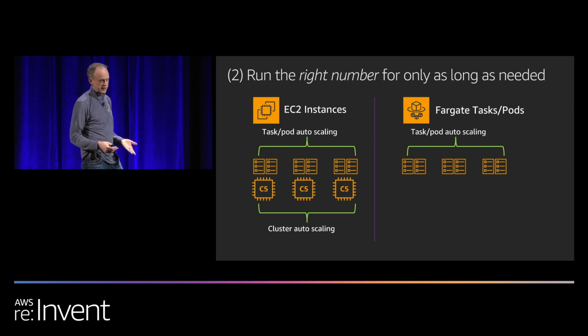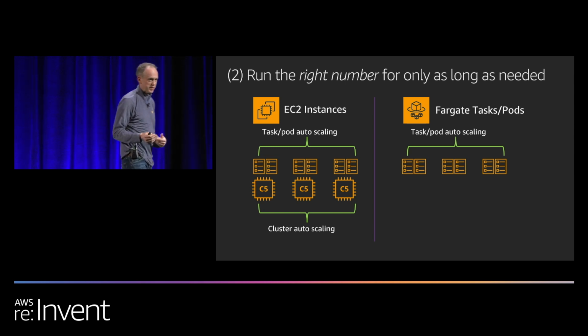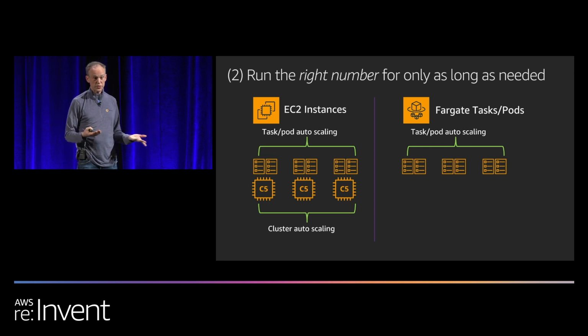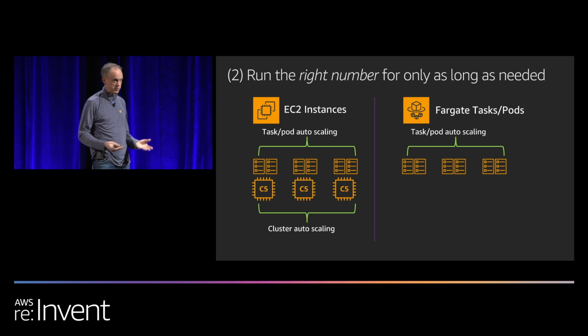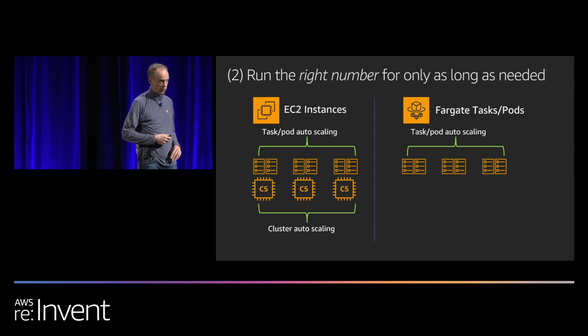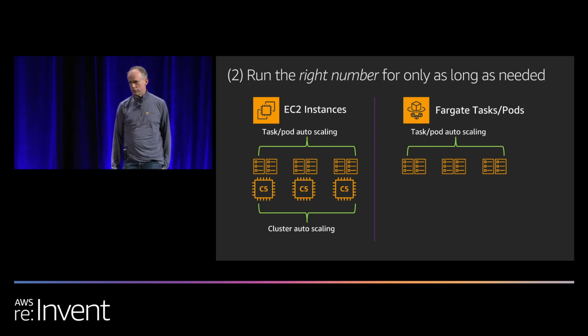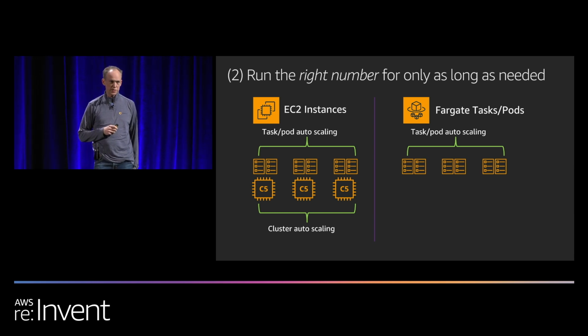If they don't work well together, then what can happen is you have enough tasks and pods to meet your performance goal but you have too many instances and you're paying too much, or you don't have enough instances and you don't have enough space to run the tasks and pods that you need. So you really need those two things to work well together. With Fargate, again, no such issues. You just focus on running the right number of tasks or pods.